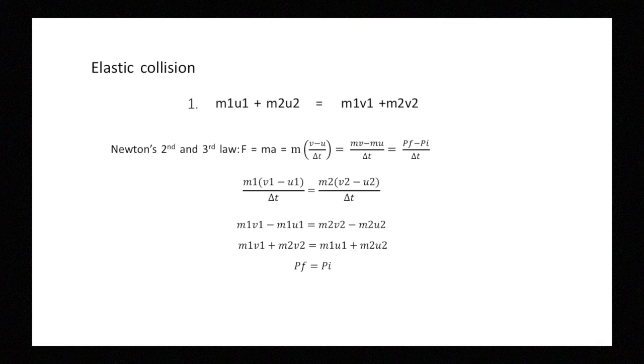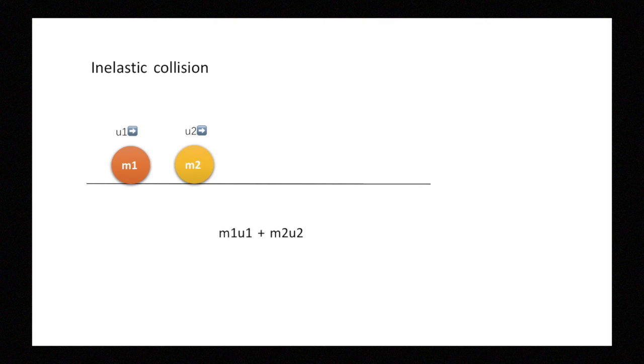Therefore, we can see that if there's an elastic collision, the kinetic energy before and after will also be the same. In an inelastic collision, the two balls have mass m1 and m2, and initial velocities u1 and u2.